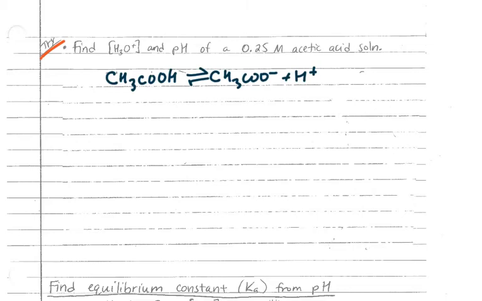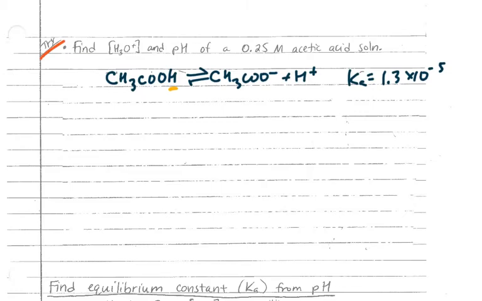When this acetic acid dissociates, what's popping off is this H on the end. That's the hydrogen that's being lost. The Ka for this, when I look it up on a table, is 1.3 times 10 to the negative fifth.